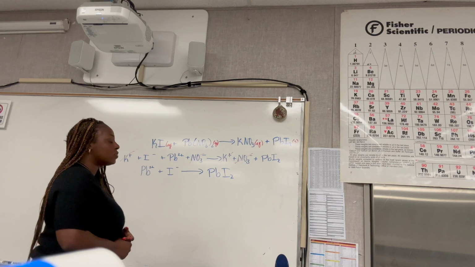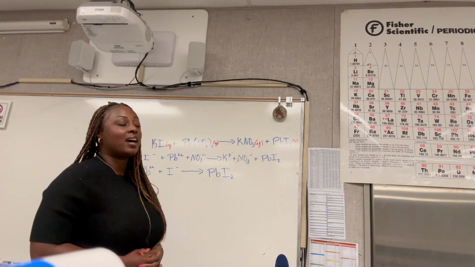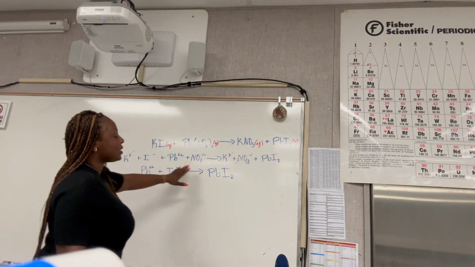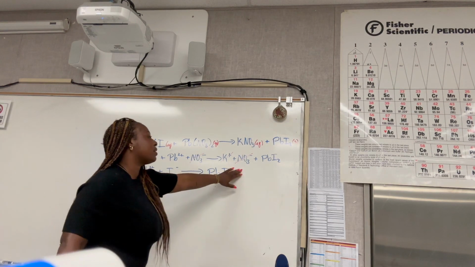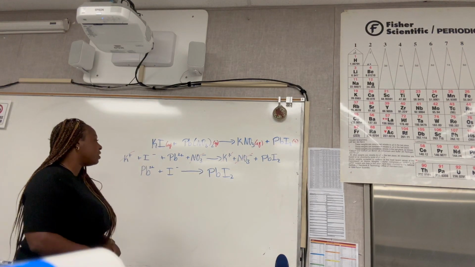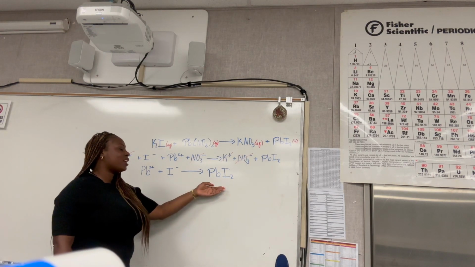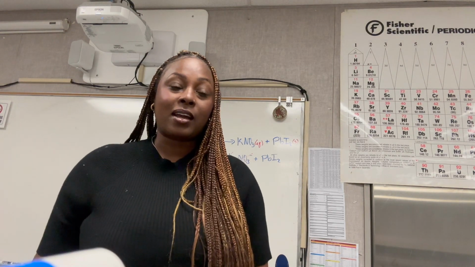When I go to figure out the net ionic equation, I am going to cancel out the ions that are balanced on each side. So both of the potassiums get canceled, and both of these nitrate ions get canceled. I end up with just the lead, iodine, and my solid lead iodide for my net ionic equation for part 1 of this problem.